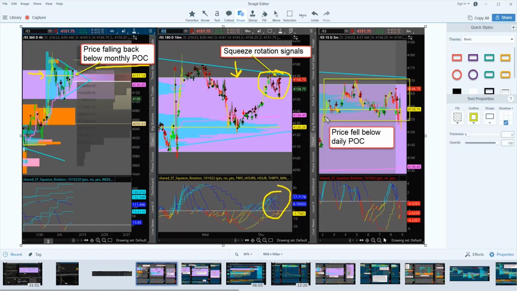And then we started to break below the day's point of control. So all night volume's happening here. Once we get below the largest area of volume, then you typically get a push lower, and obviously rotations to the downside as well. So that had me leaning bearish, simply based off of where we were based on volume support and resistance.